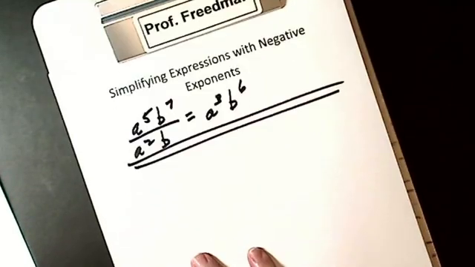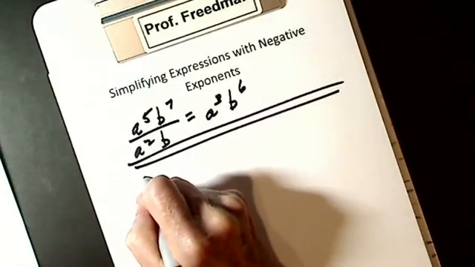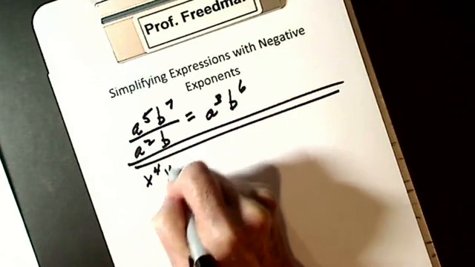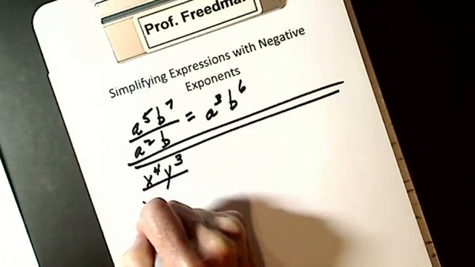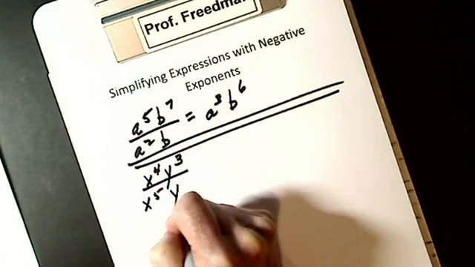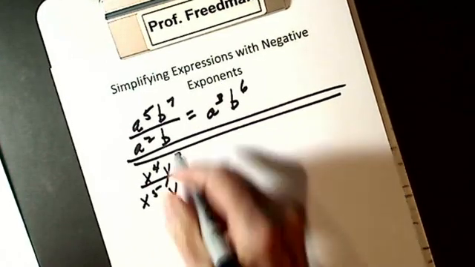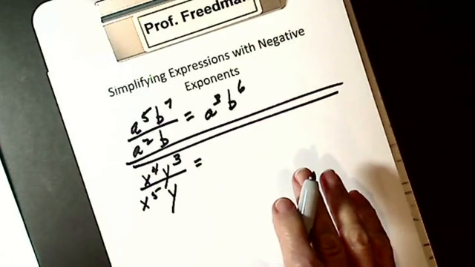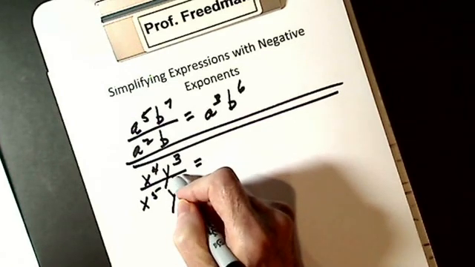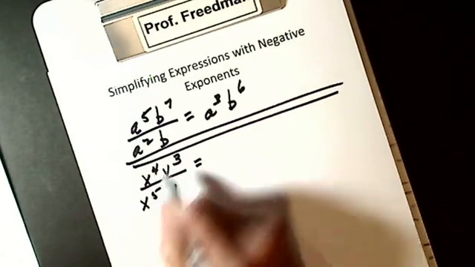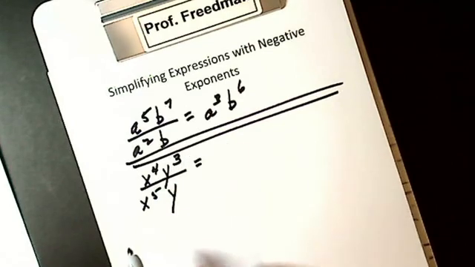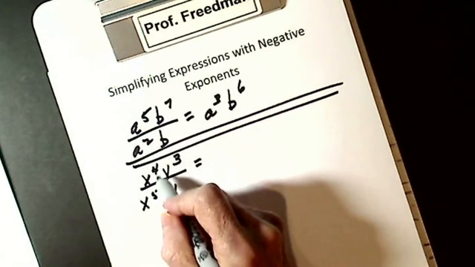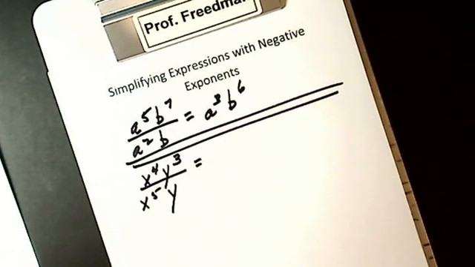So now with negative exponents, let's say I have x to the 4th, y to the 3rd, divided by x to the 5th, y. Again, before we do this, we said x to the 4th means x times itself 4 times. This means y cubed. But I could just subtract exponents like we did here.